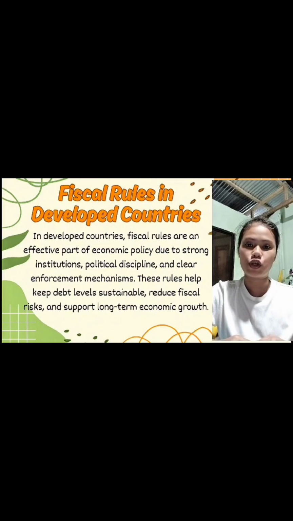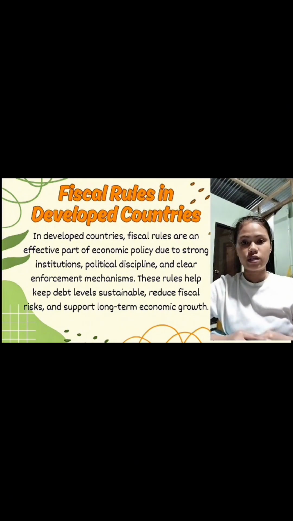In developed countries, fiscal rules are an effective part of economic policy due to strong institutions, political discipline, and clear enforcement mechanisms. These rules help keep debt levels sustainable, reduce fiscal risk, and support long-term economic growth.